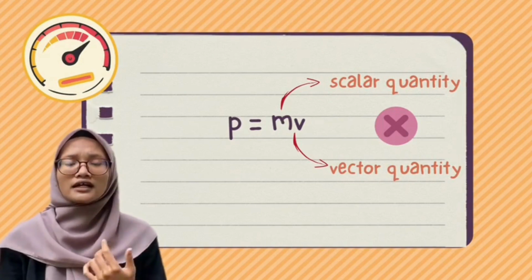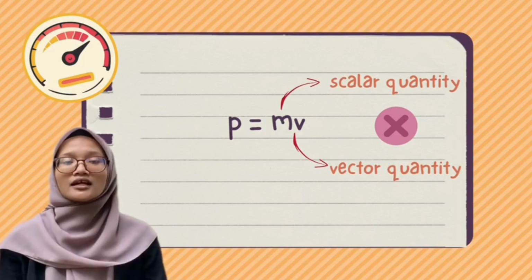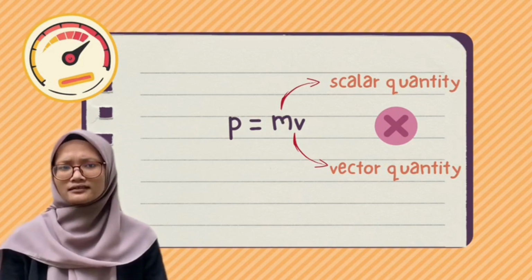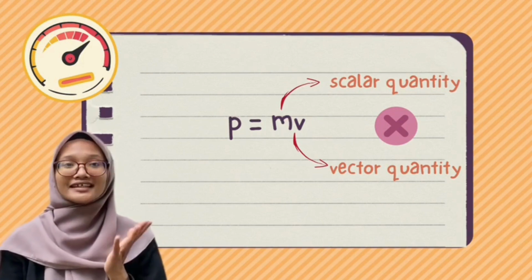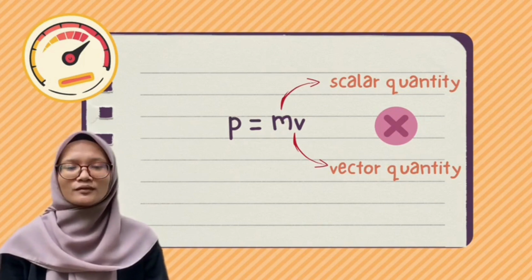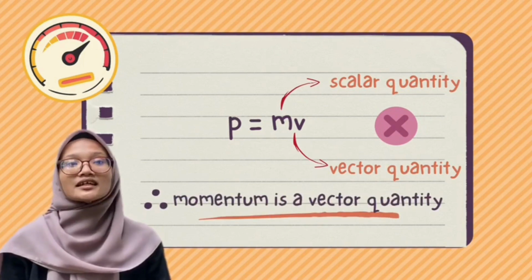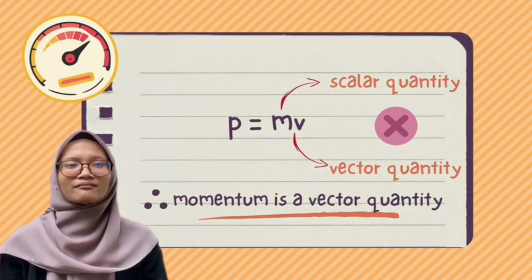If you recall, vectors have both magnitude and direction. Now, what happens when we multiply a scalar by a vector? A scalar times a vector will give you another vector. That vector could be greater or smaller in magnitude. So, momentum is a vector that has both magnitude and direction.